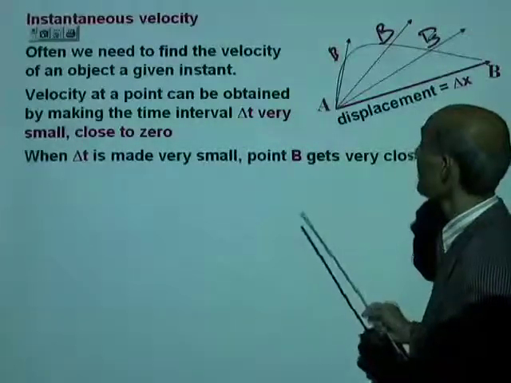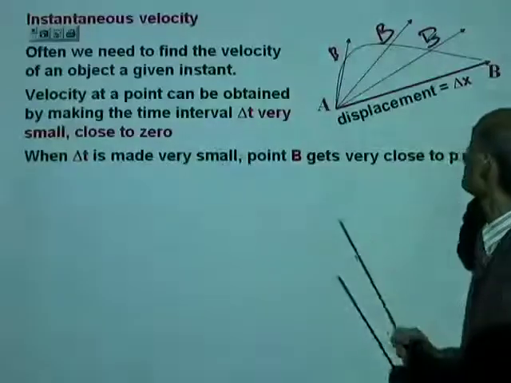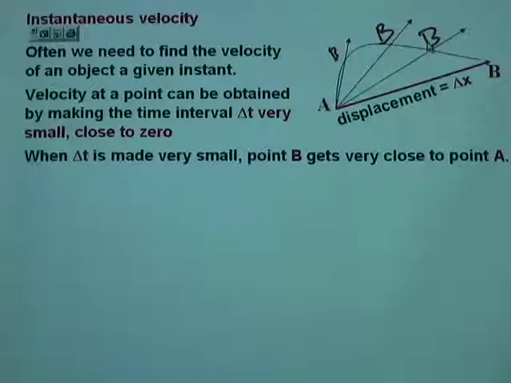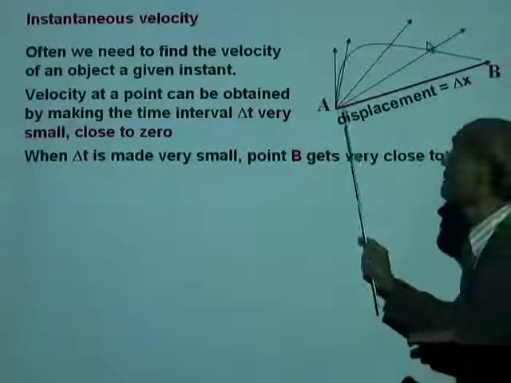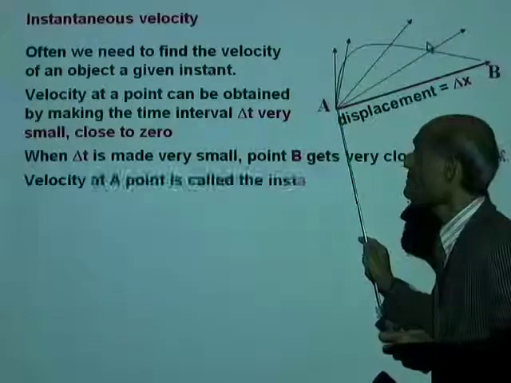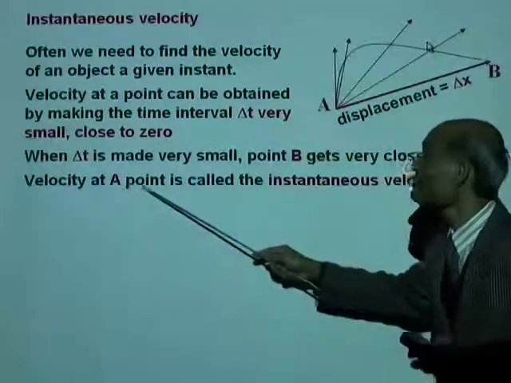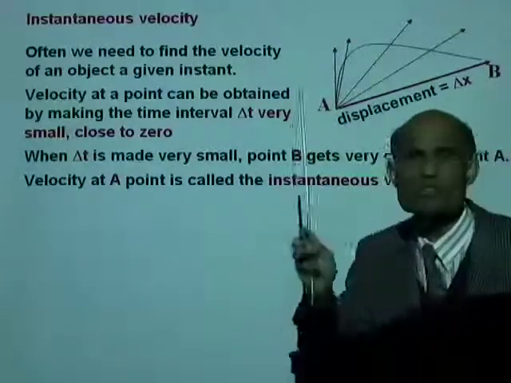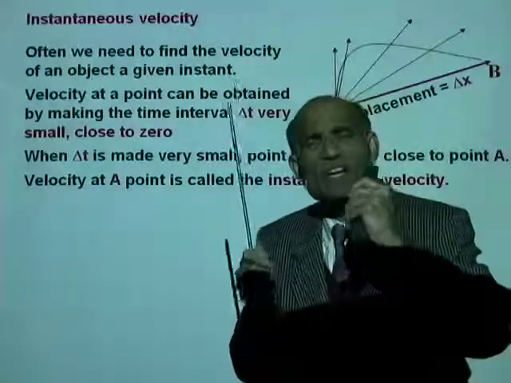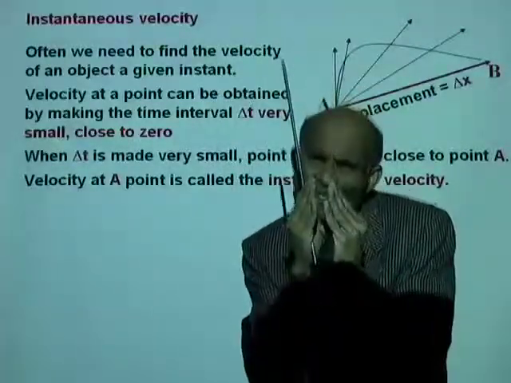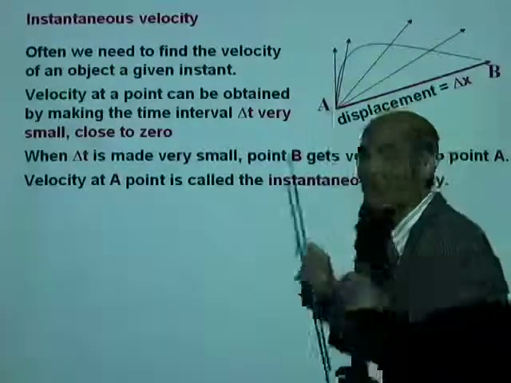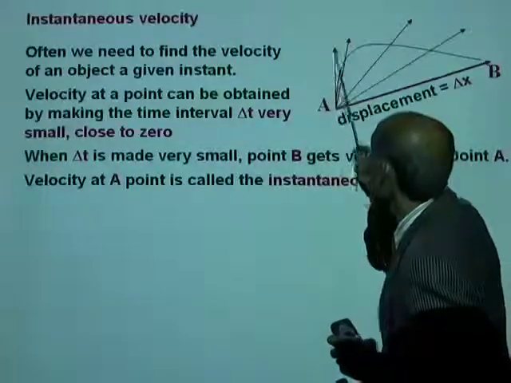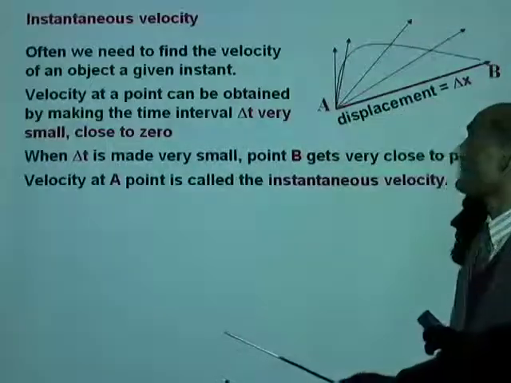And finally, what happens? When delta t is made very small, then point B gets very close to point A. When B is very close to A, we can then say the velocity during that very small interval can be called the velocity at A, and that will be defined by the tangent drawn at that point.